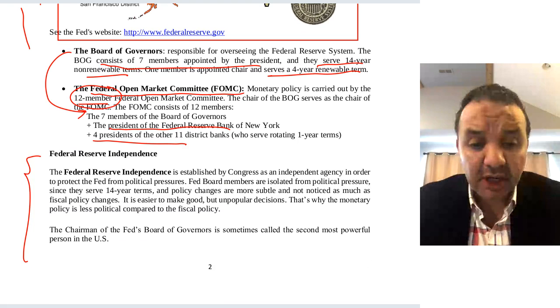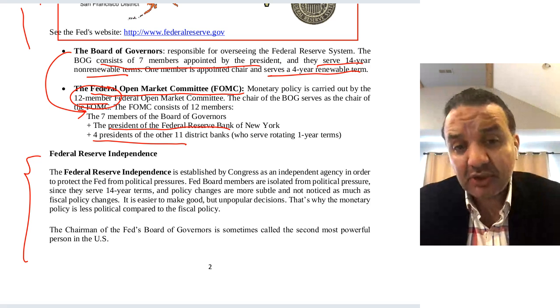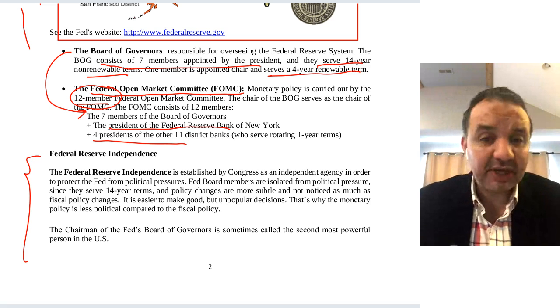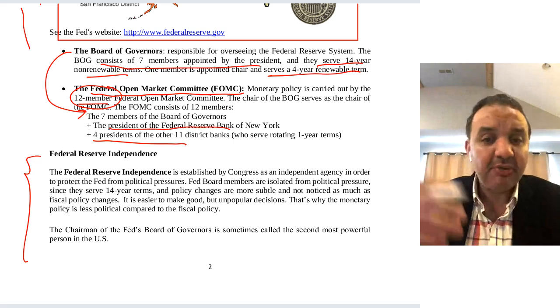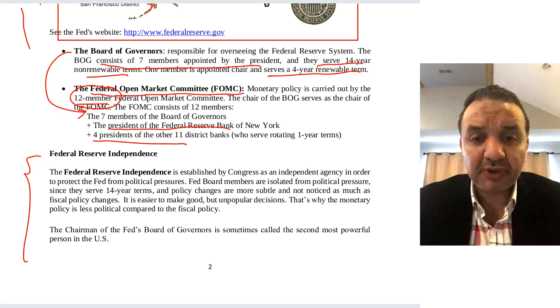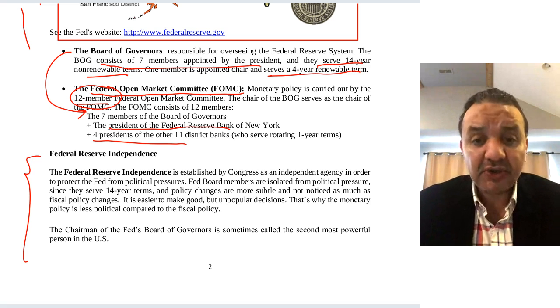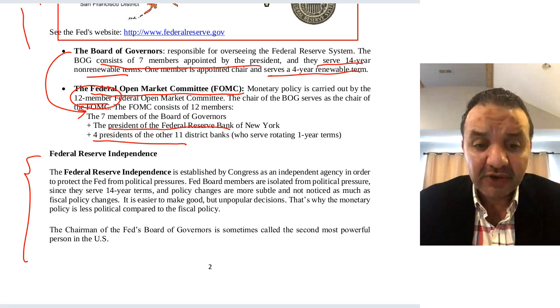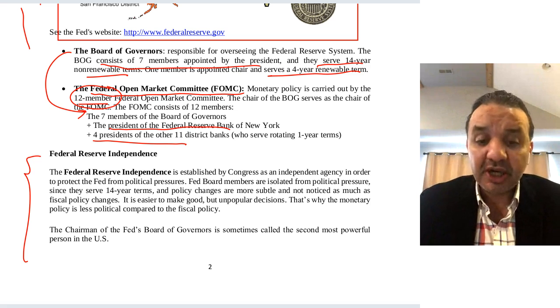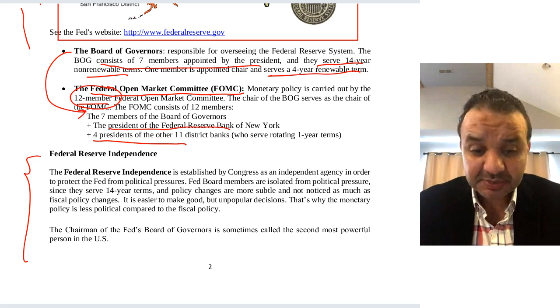One last important point here is about the independence of the federal bank. When I talked about fiscal policy, I said there are different political ideologies between the Republican Party and the Democratic Party. Monetary policy is totally different in terms of independence, which means the Fed has to be independent.